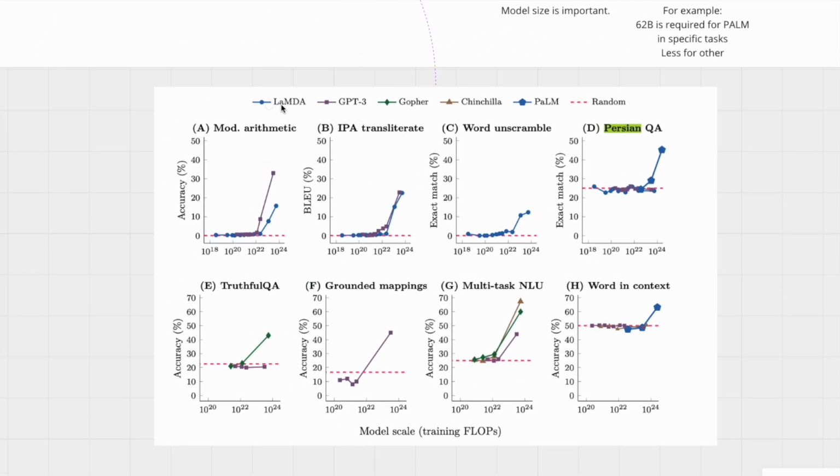So as you see here, we have different models, LaMDA, GPT-3, Chinchilla, PaLM, and also different tasks: arithmetic, transliterate, word unscramble, truthful question answering, grounded mappings.